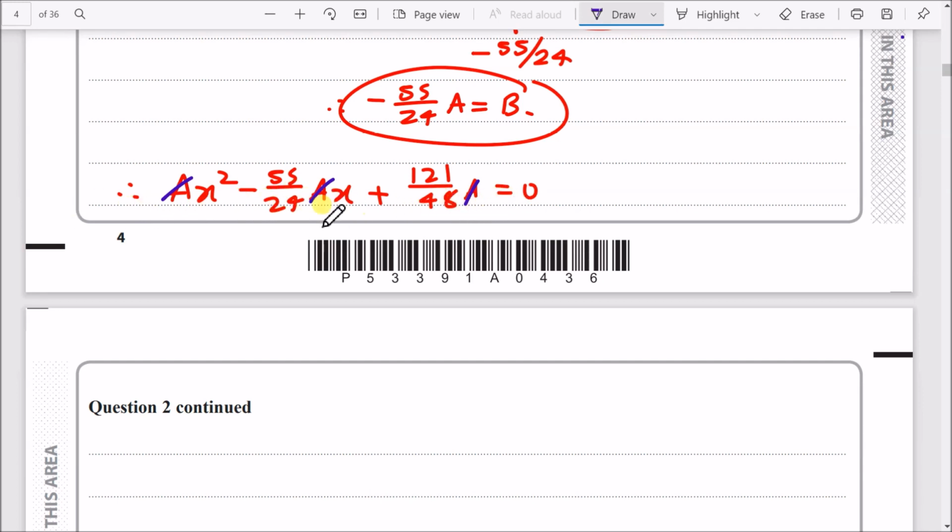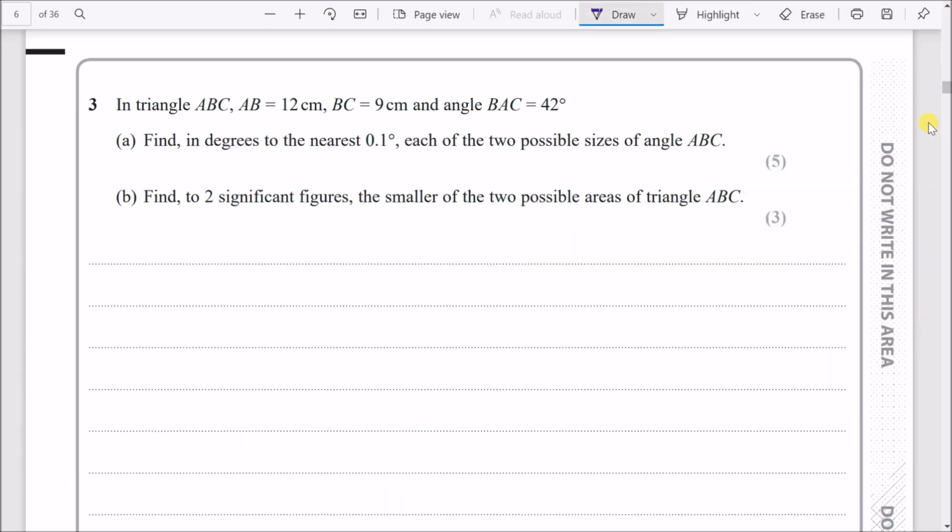So times in 48 through, you should get a final answer of 48x squared minus, well, 55 over 24 times 48 is 110, x plus the last one, 121 equals 0. And that's it, guys. We've done it.